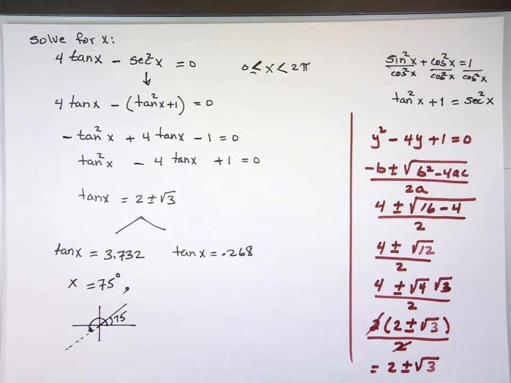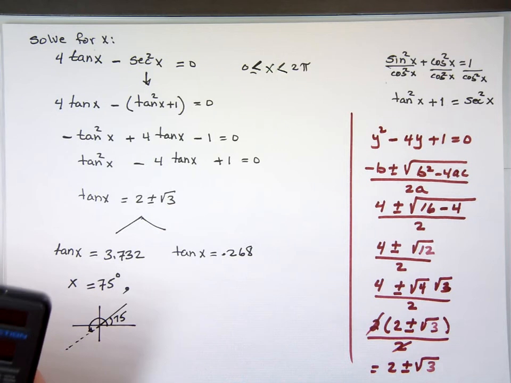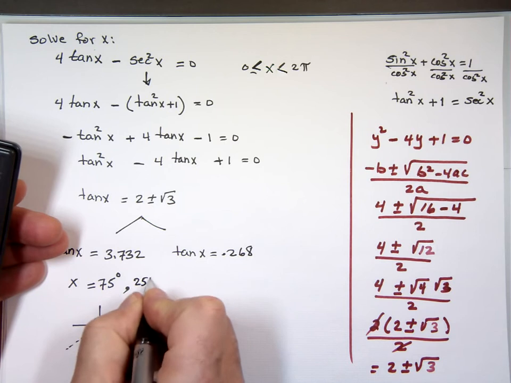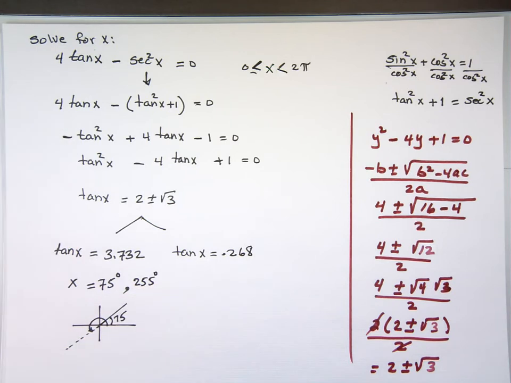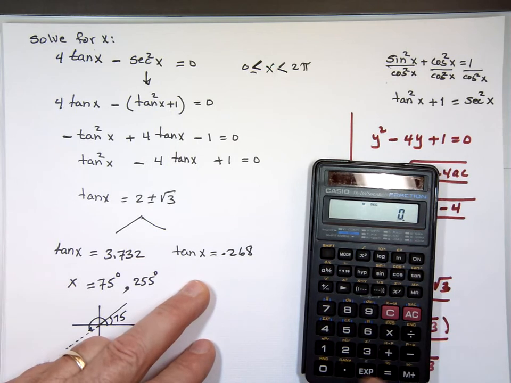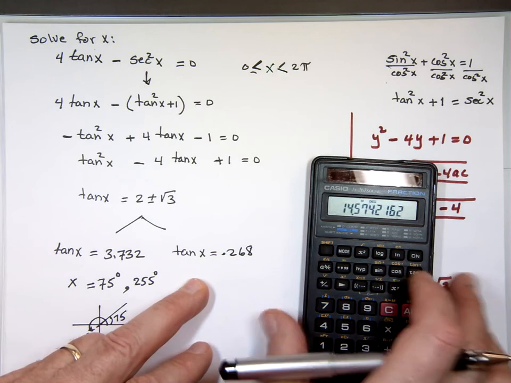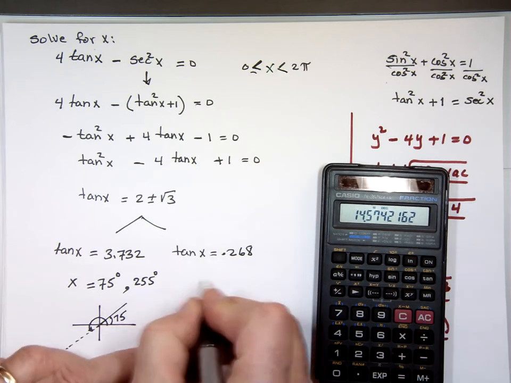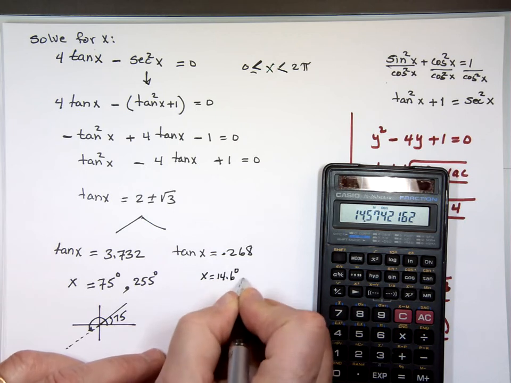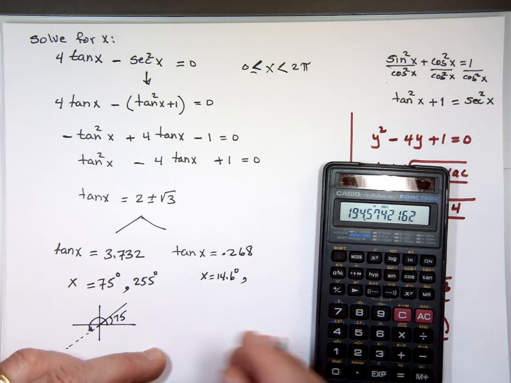So 75 plus 180, 255. This one here, 0.268, take the inverse tangent, 14.6 degrees, add 180 to it, 194.6.